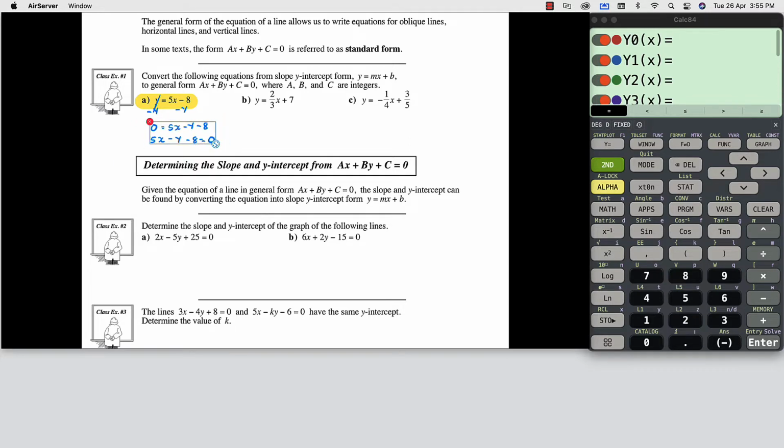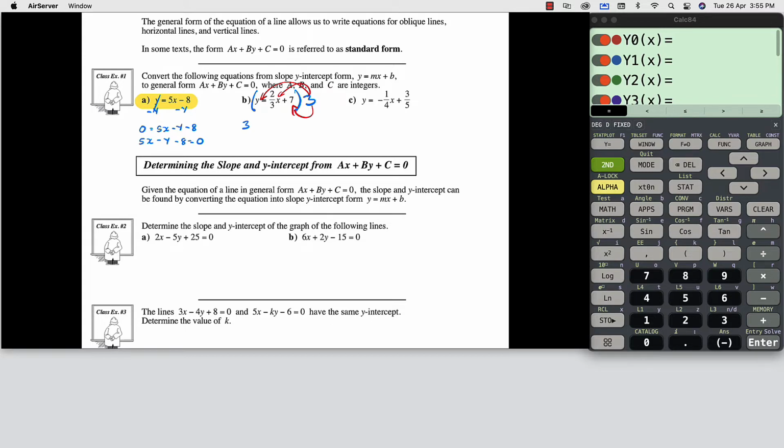is a little bit more complex in the sense that we've got this fraction. Our slope is 2 over 3. So essentially what I need to do here is put a bracket around everything and multiply everything by 3. So y gets multiplied by 3, the slope gets multiplied by 3, and the y-intercept gets multiplied by 3.